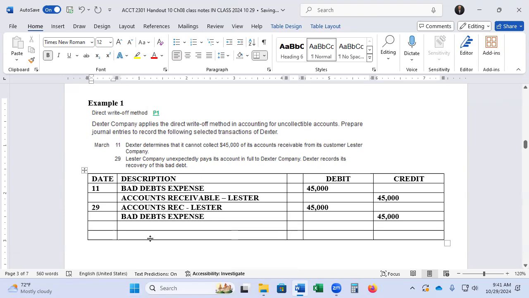Then you'd have the second part of that entry, debit to cash for 45,000 and a credit to accounts receivable Lester for 45,000.